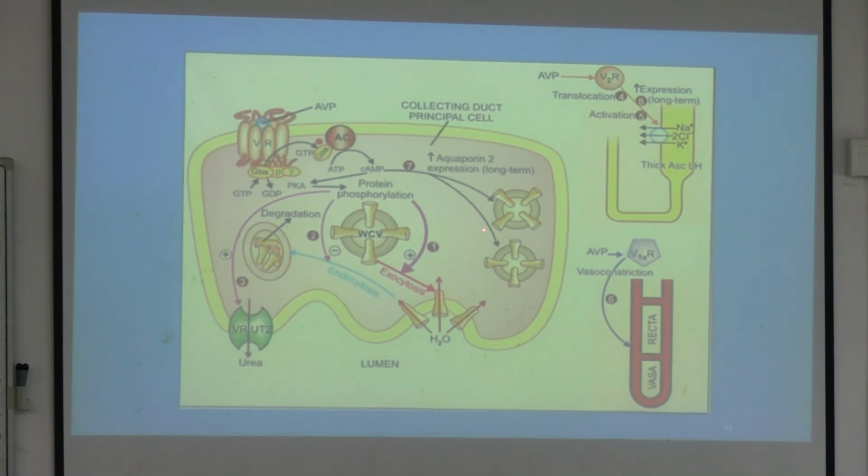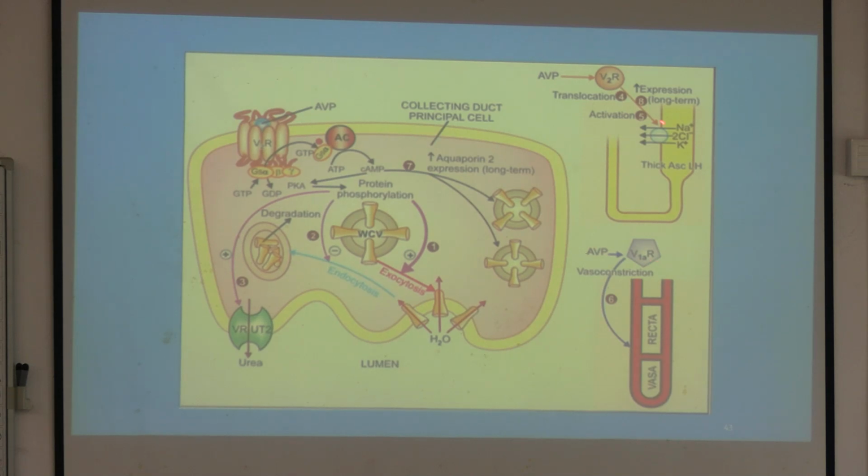Then in the continued use of vasopressin, what happens? This causes increased formation of the water containing vesicles. Now again, they also increase the excretion of urea from the collecting duct by stimulation of the urea transporter.